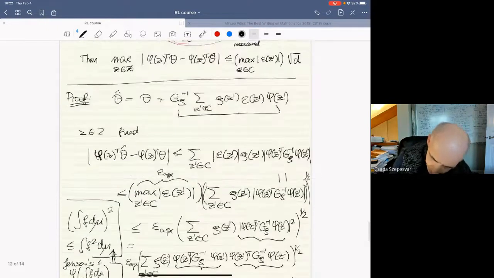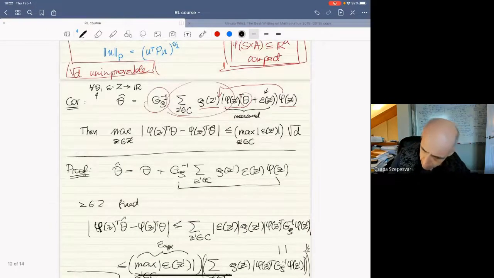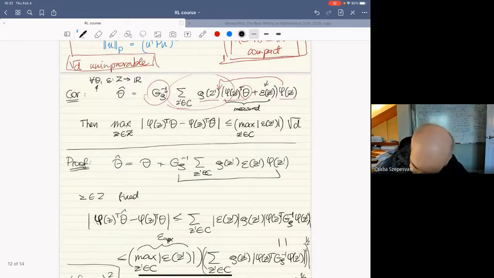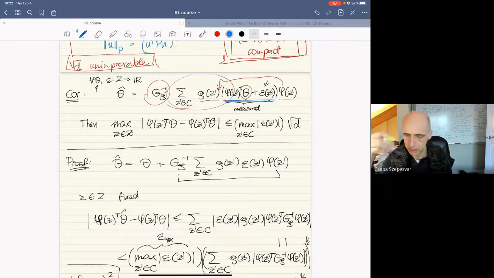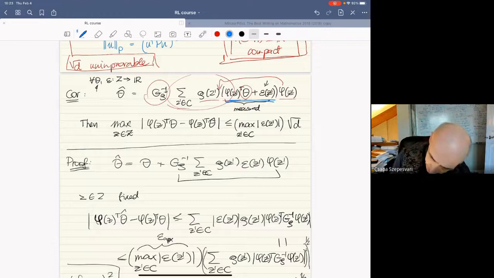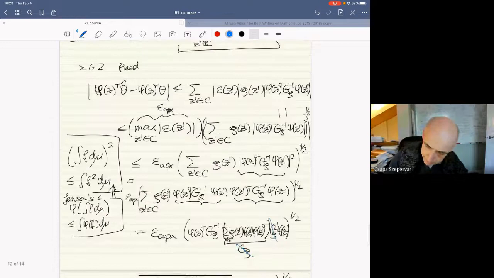The corollary was saying that if you run least squares on some data written in this form, some parameter vector multiplies the features plus some error, then whatever you get, the prediction error is upper bounded by the maximum errors times square root d.